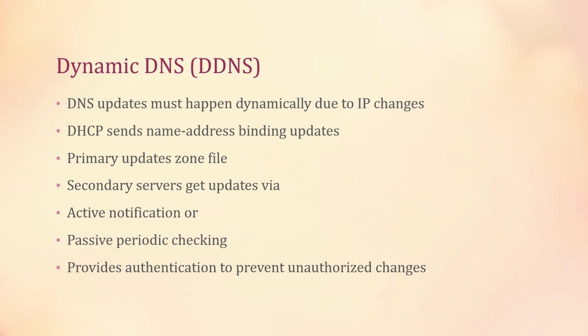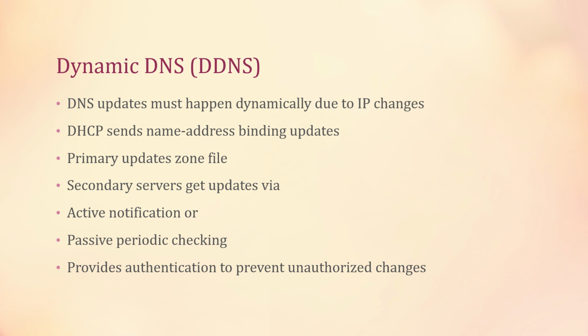The secondary servers are notified either actively or passively. In active notification, the primary server sends a message to the secondary servers about the change in the zone. Whereas in passive notification, the secondary servers periodically check for any changes. In both cases, after being notified about the change, the secondary servers request information about the entire zone.